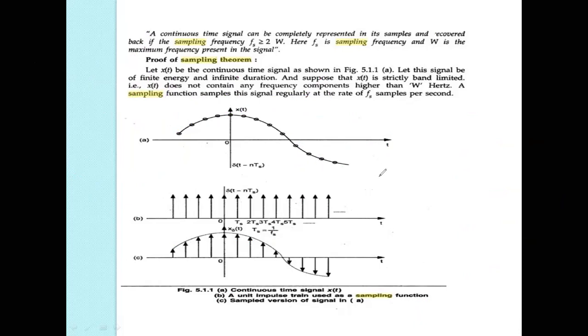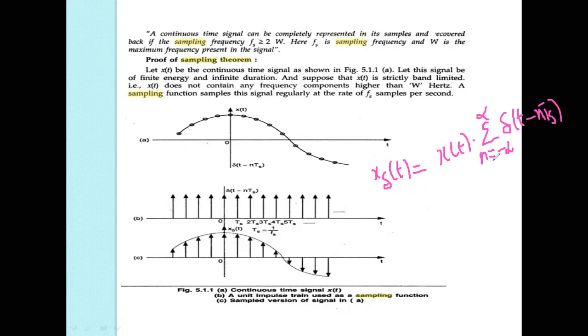Combined, we can call it x delta of t, equal to x of t times the sum over n from minus infinity to infinity of delta of t minus n Ts. So now I am combining the functions. Modulation is nothing but a product. We have already seen modulation in time, my dear students.